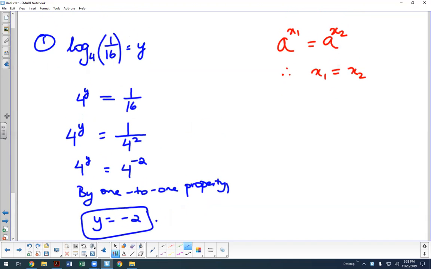So here what we're actually doing is taking a logarithmic expression and converting it back into an exponential form so that we can solve it and get our value for y.